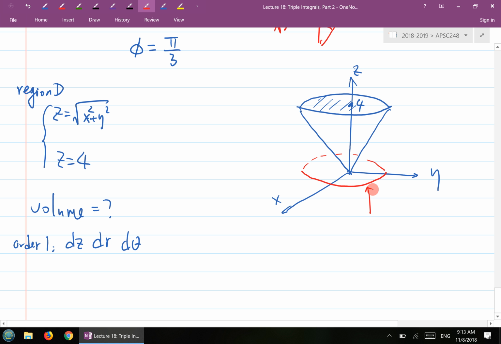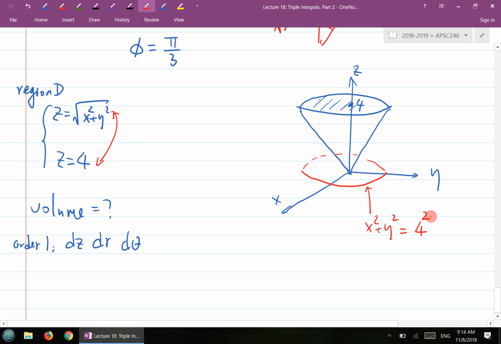When you equate these two equations, you get x squared plus y squared equal to 4 squared. Is that okay? So this circle has a radius of 4 here.